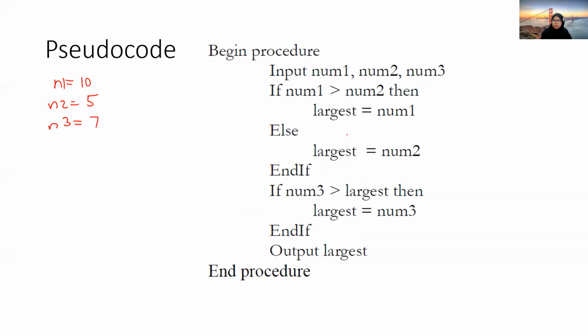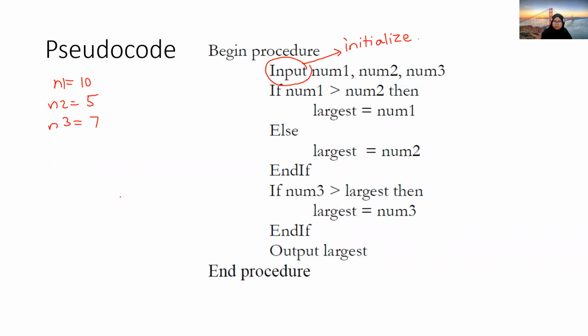If you don't want to key in the input, you say initialize: initialize number 1, number 2, and number 3. Initialize can mean anything. You can assign the value directly, or you can initialize using the scanf function.